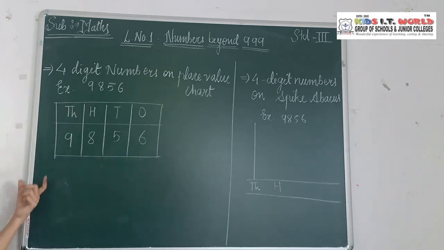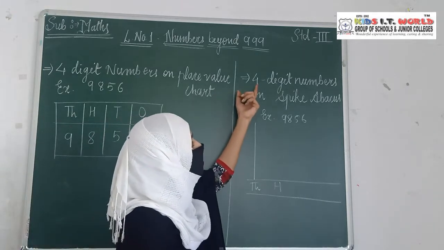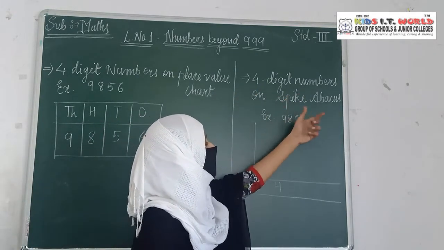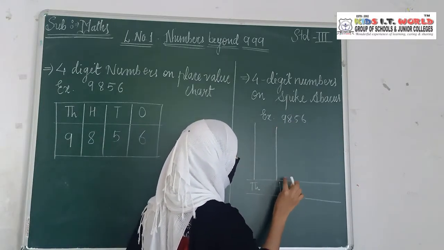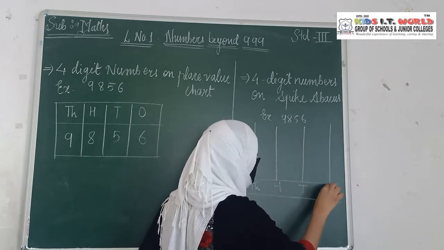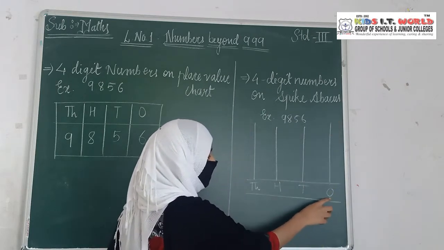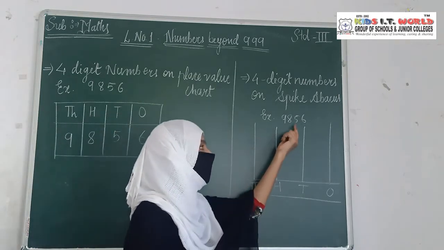In the same way, we will see the same example for how you will represent the 4 digit number on the spike abacus. In this way you have to make a spike abacus chart. Here we will represent the place values, that is ones, tens, hundreds and thousands. Now on the ones place we have 6.